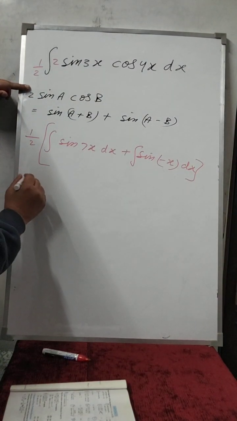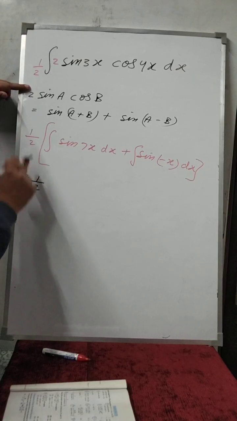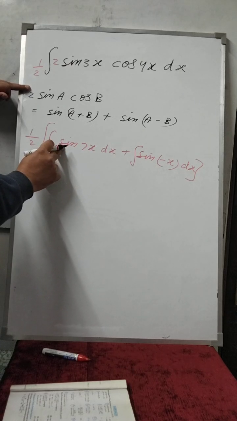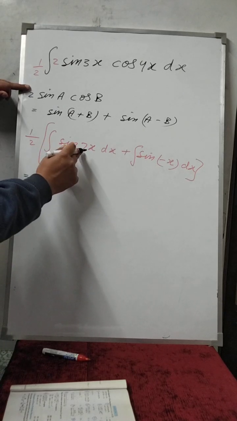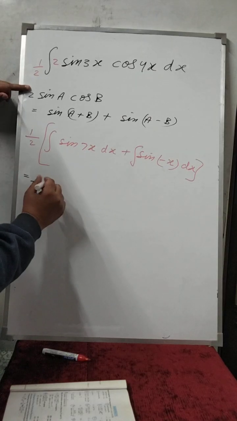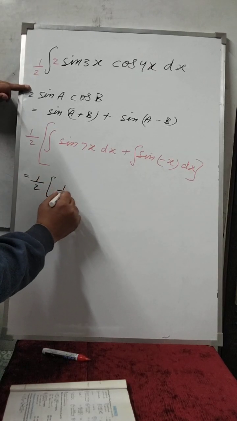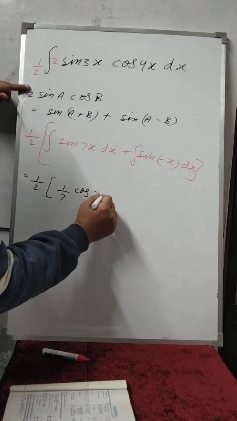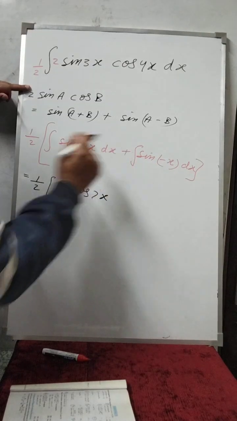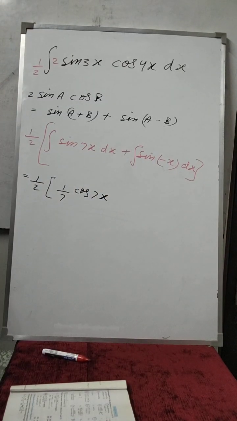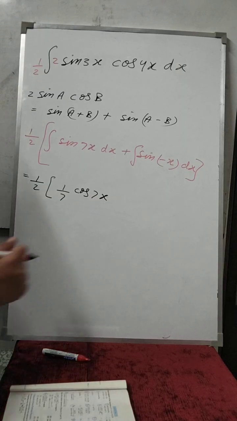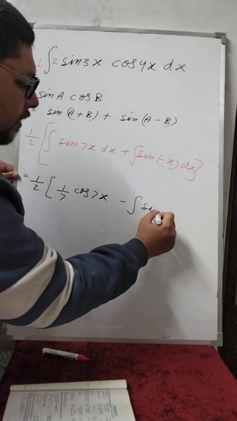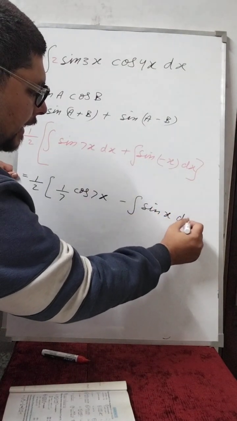So I can write this as half as it is, integration of sin 7x. Integration of sin is minus cos, and for 7x we divide by 7, so this will be 1 by 7 cos of 7x. Sin of minus x is minus sin x, so I can write this as minus integration of sin x dx.